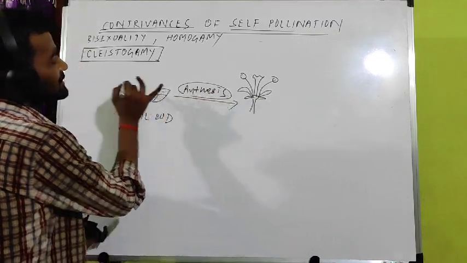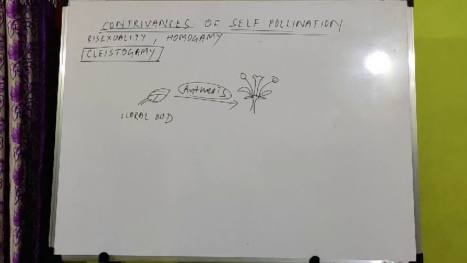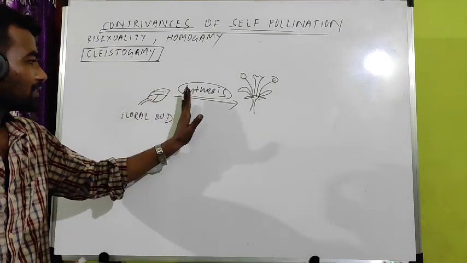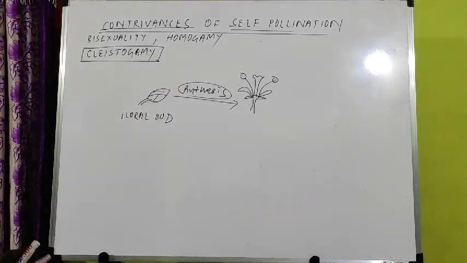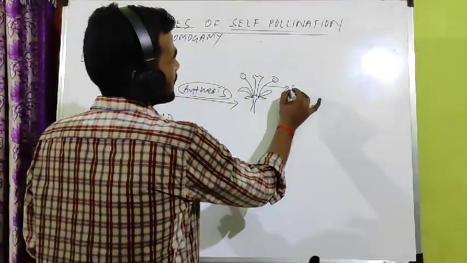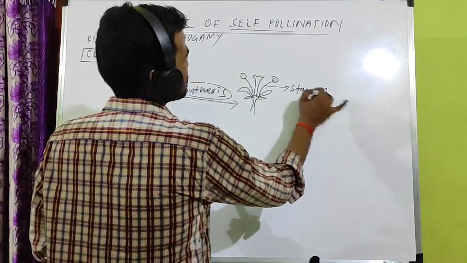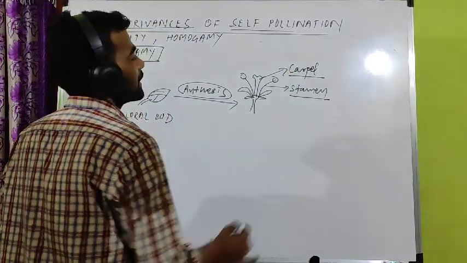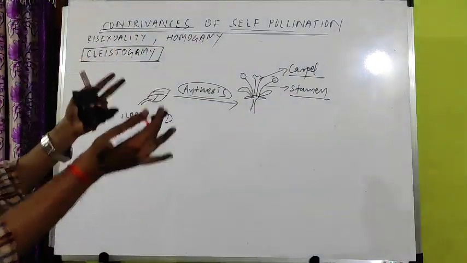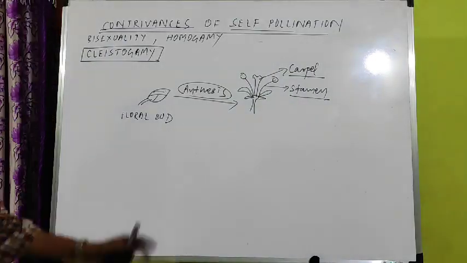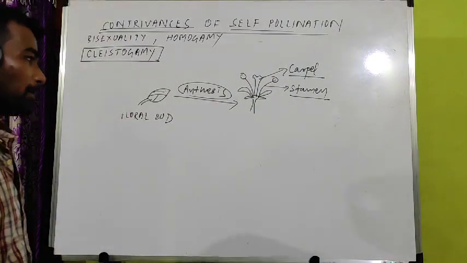Anthesis is the process of opening of a flower. This is for entrance exams like NEET, not for board. After anthesis, if it is a bisexual flower, stamen and carpel are both present and exposed to the environment. They are open to all, so pollination can take place.